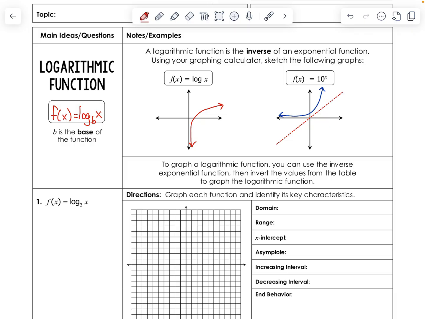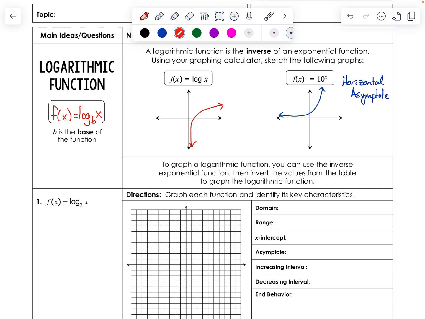So the key thing that you need to remember with an exponential function, and we're going to check the homework when I get back on Monday and go over it, is that exponential functions have a horizontal asymptote. Normally it's y equals 0, but it can change depending on if my graph shifts up or down.